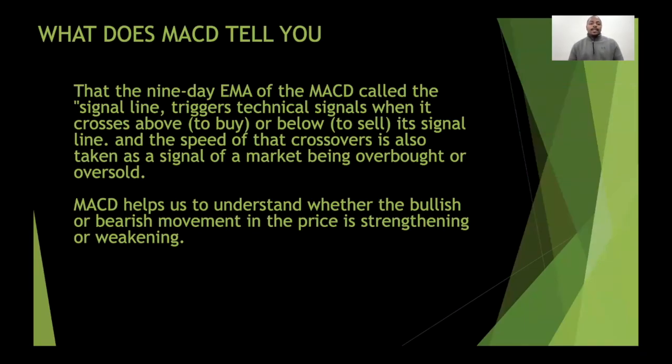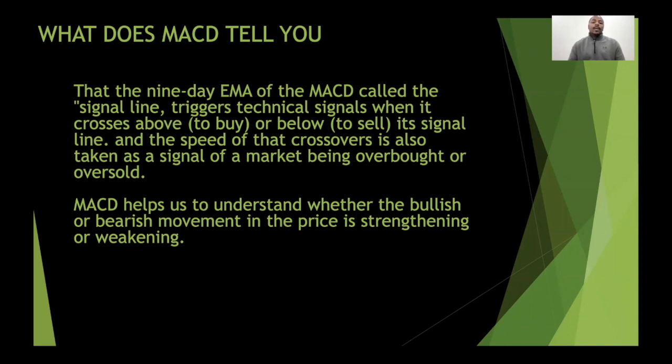So what this gives us is a 9-day EMA, which we learned about last week. An EMA is an exponential moving average, and the exponential moving average of the MACD, called the signal line, triggers technical signals when it crosses above to buy or below to sell.